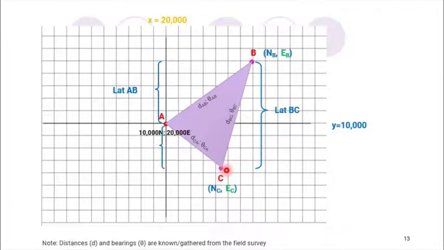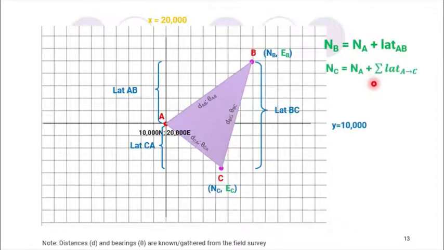And 10,000 here is equal to the northings of C, plus this amount, which is the latitude of CA. In other words, the northings of the last station is actually the northings of the first station, station A, plus the summation of all latitudes, from AB then to BC.